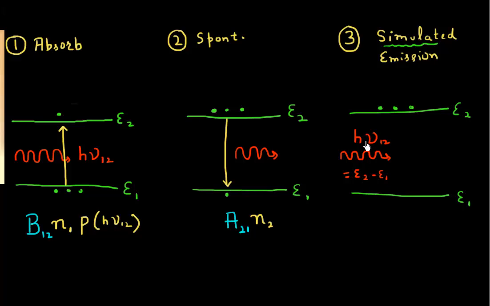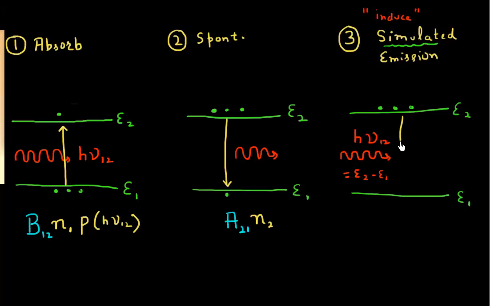So what Einstein said, and this is the real genius of this fascinating dude, was that if I have this thing happening, these incoming photons will simulate, or another word which is used is induce, these electrons in the higher energy level to come down.